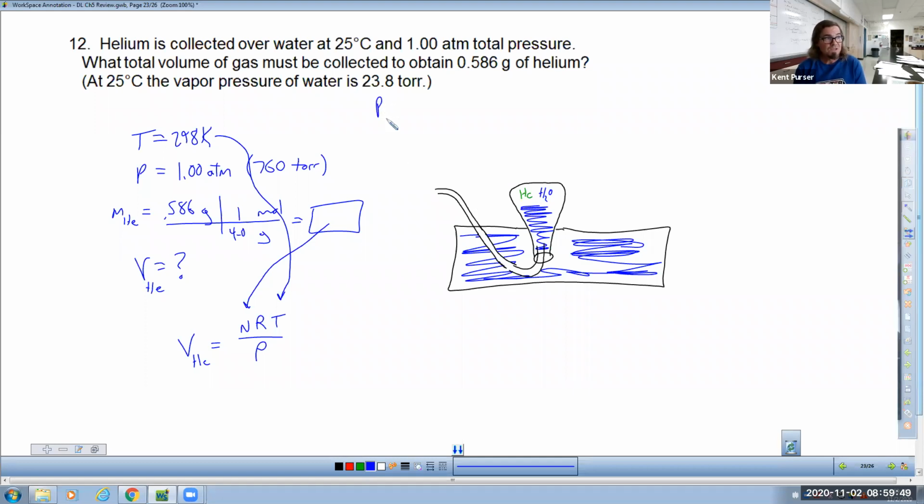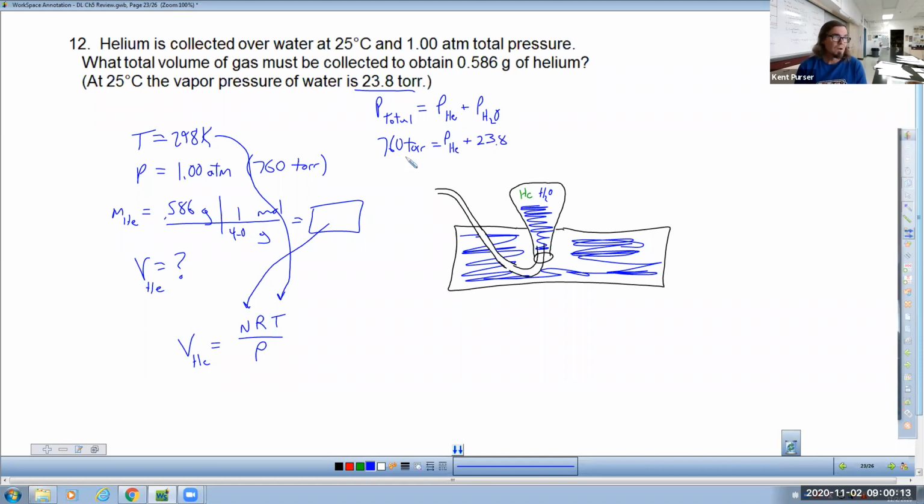So what I'm going to do is take P total equals the P for the helium plus the P for the water. P total is, because they gave me the partial pressure in torr, I'm going to use 760 torr instead of 1 atmosphere, and then solve for the helium. Oops, 23.8.